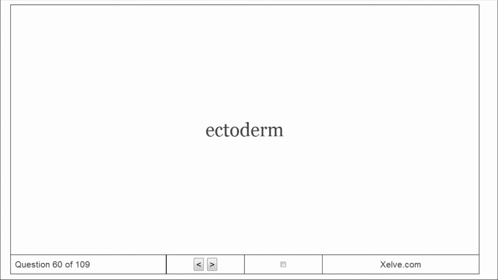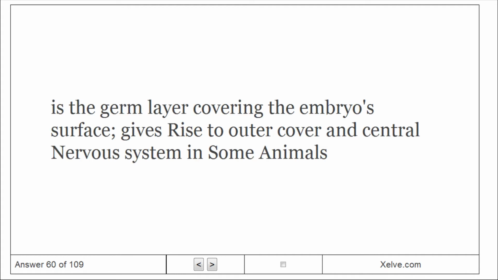Ectoderm is the germ layer covering the embryo's surface, gives rise to the outer covering and central nervous system in some animals.